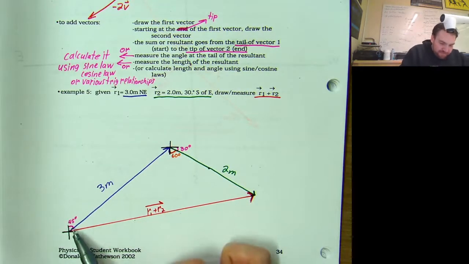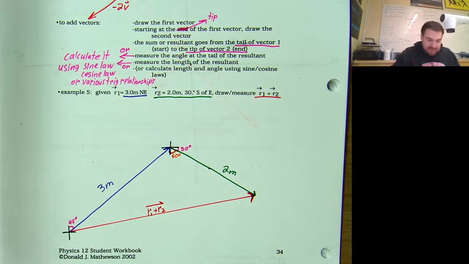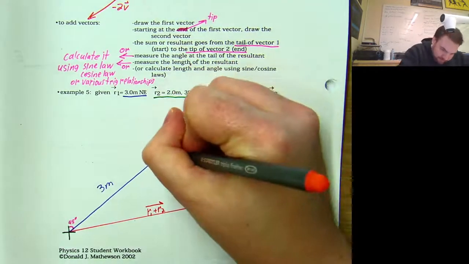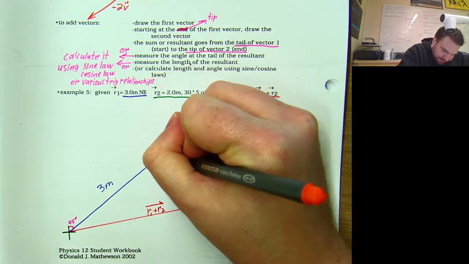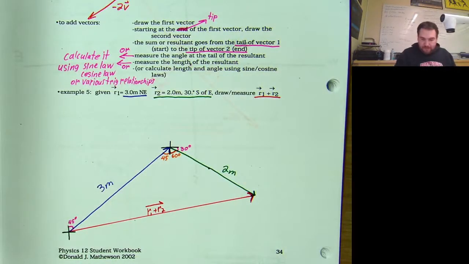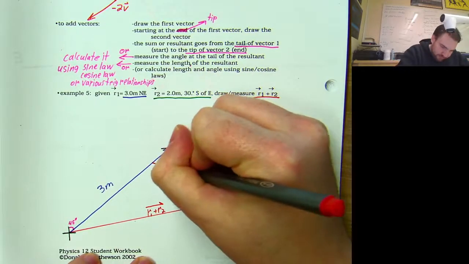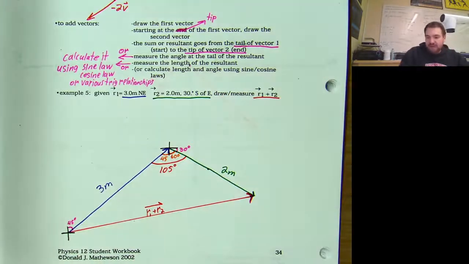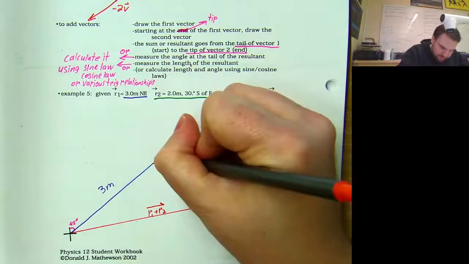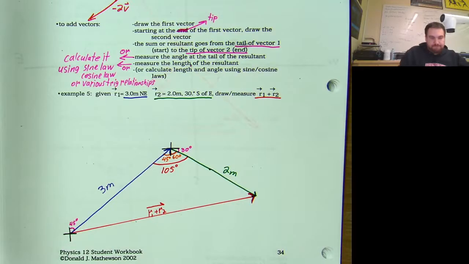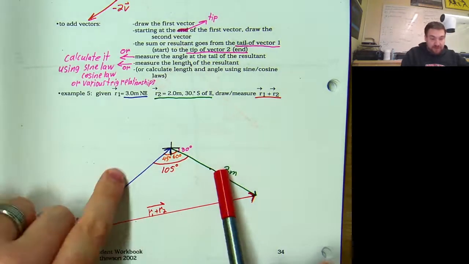So if that's 45, this guy here must also be 45. So what that tells us is that this entire angle here is 105 degrees. So we can use cosine law. Now we've got the angle, we have these 2 sides, we can use cosine law to find this.